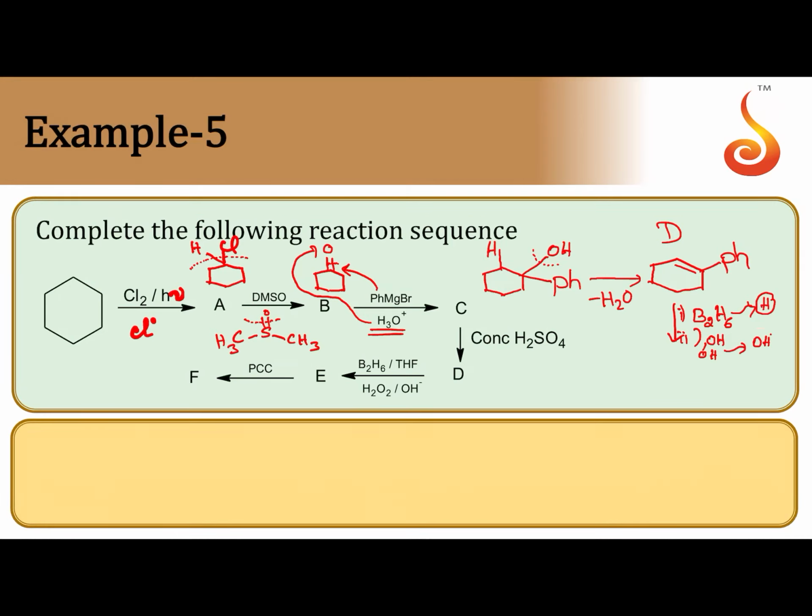H2O2 supplies OH group, B2H6 supplies hydrogen. Hydrogen goes opposite to Markovnikov's rule. So hydrogen, which is coming from B2H6, goes to the carbon with less number of hydrogens. H of the B2H6 is migrated to the doubly bonded carbon of less number of hydrogens, opposite to Markovnikov's rule.